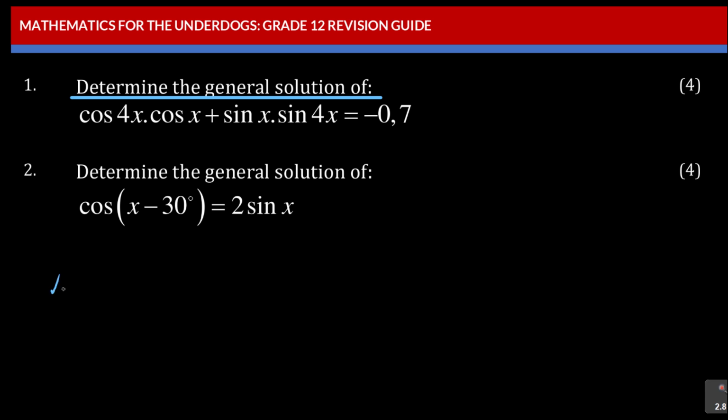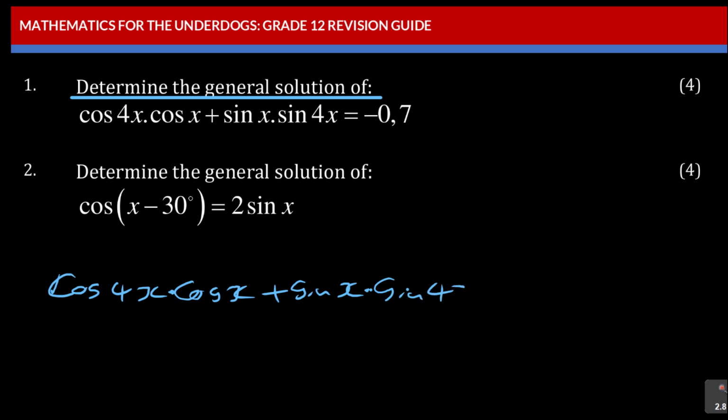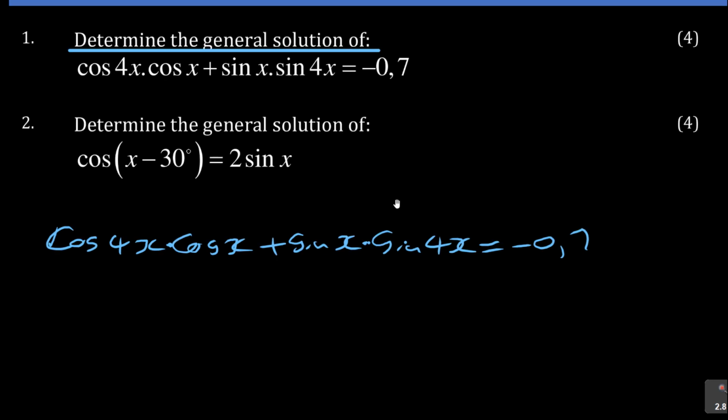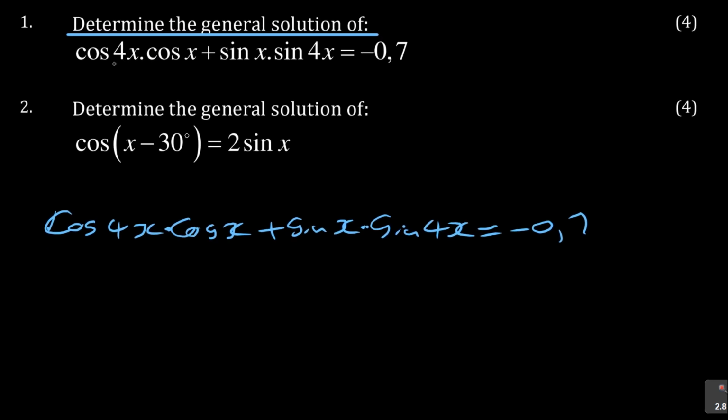They are saying cos 4x dot cos x plus sin x dot sin 4x is equal to negative 0.7. Now pay attention here. You need to be able to have the eye to identify that this is a double angle.